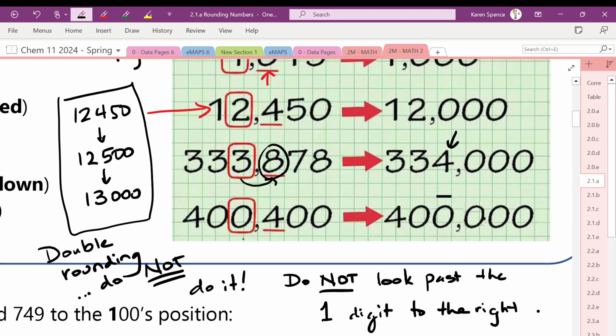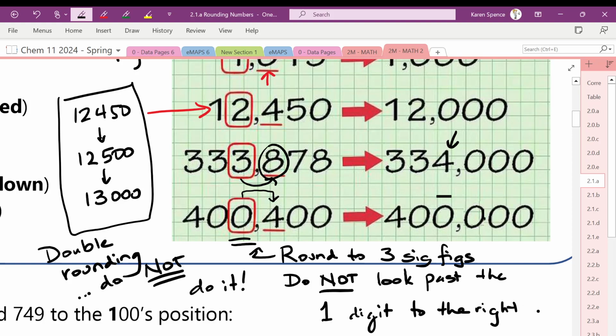If I have a 0 here, this is also where you need to think about it. If I'm rounding to this digit, and let's say I wanted to round to 3 Sig Figs. Say my instructions here were to round to 3 Sig Figs. I look to the right, and I say that's a 4.